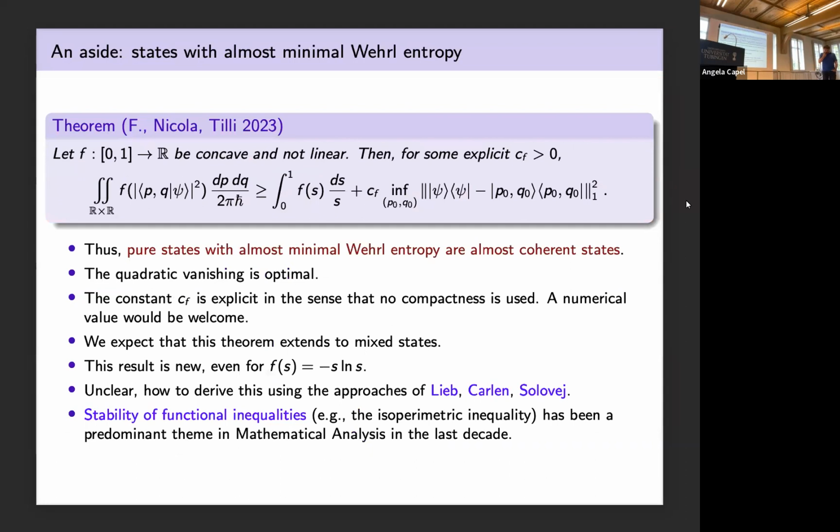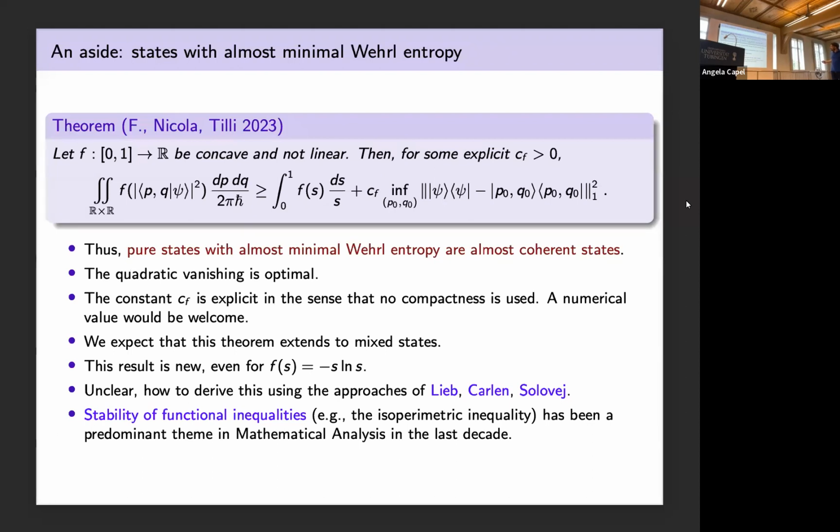Now here is a sideline to the story I want to tell you. It's an answer to a stability question. The minimum Wehrl entropy is 1. Now imagine you have a state that gives you Wehrl entropy 1.0001. What can you say about that state? Is this state close to a coherent state, the one that would give you value 1? What this theorem tells you, on the slide, and that's less than a week old, is yes, that's true.